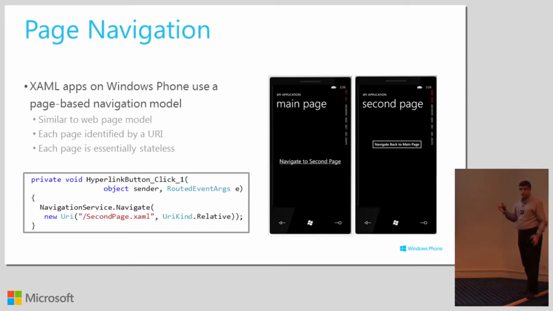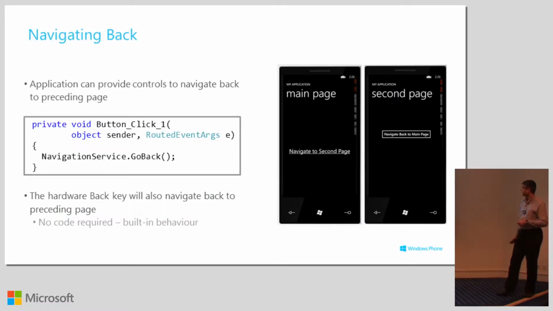Now keep in mind, each page is stateless. So when you move from the first page to the second page, the content of the first page is going to vanish. When you come to the new page, the second page, it's going to be created from scratch. If you want to move back to the first page, you can use the go back service.